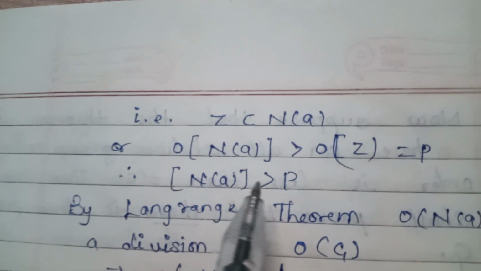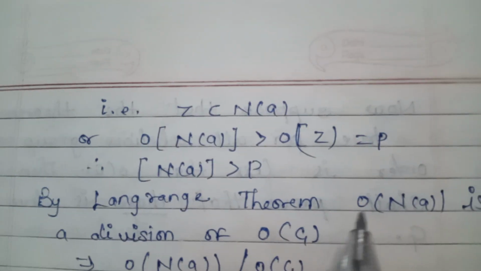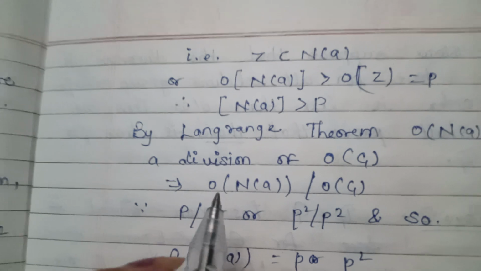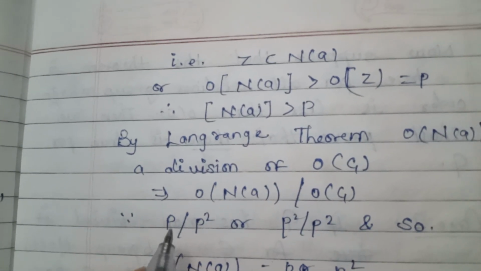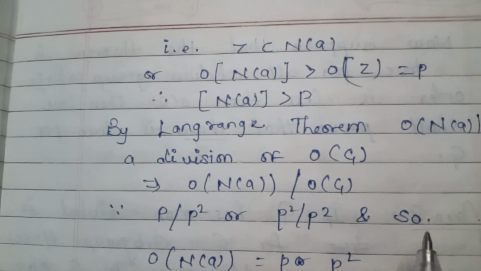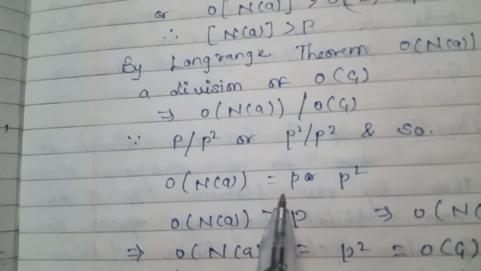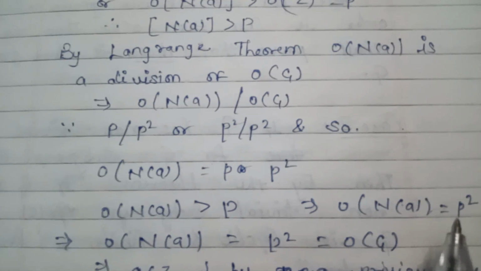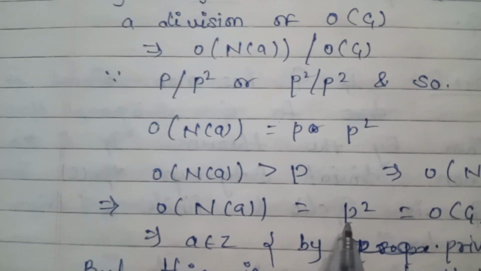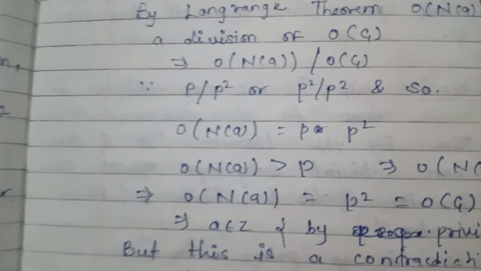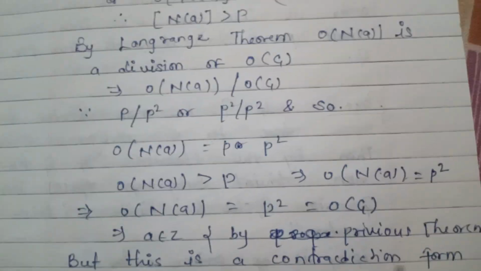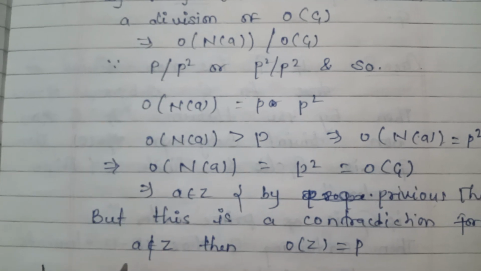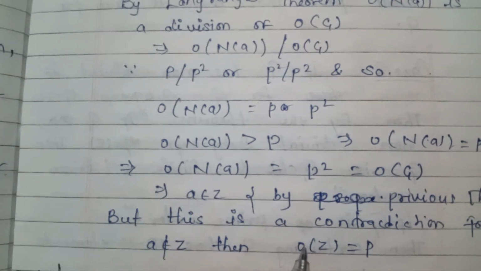Since the order of N(a) is greater than p, by Lagrange's theorem, the order of N(a) is a divisor of the order of G, which is p squared. So the order of N(a) is equal to p or p squared. Since the order of N(a) is greater than p, the order of N(a) is equal to p squared, which is equal to the order of G. Here a belongs to Z by the previous theorem, but this is a contradiction with a not belonging to Z. Then the order of Z is equal to p squared.